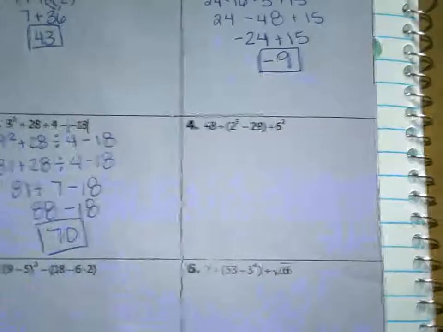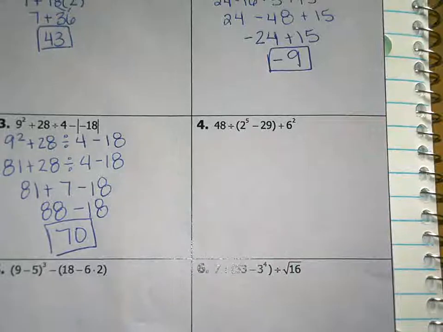Okay, let's go to number 4. What do I do first? Okay, what do I do first inside the parentheses? Exponent. Good, 2 to the 5th. This is one I have students mess up on all the time, so be extremely careful. 2 to the 5th is? 32.